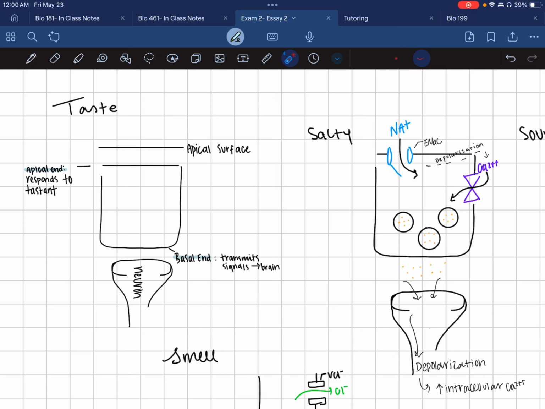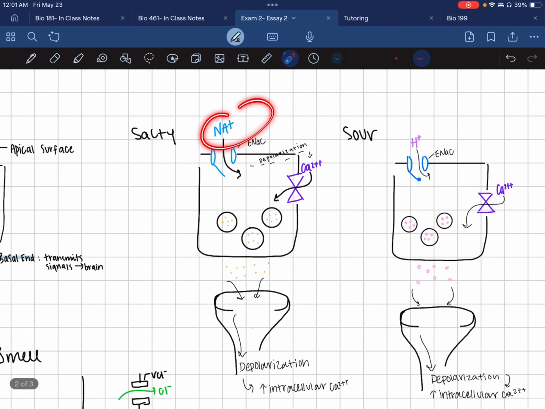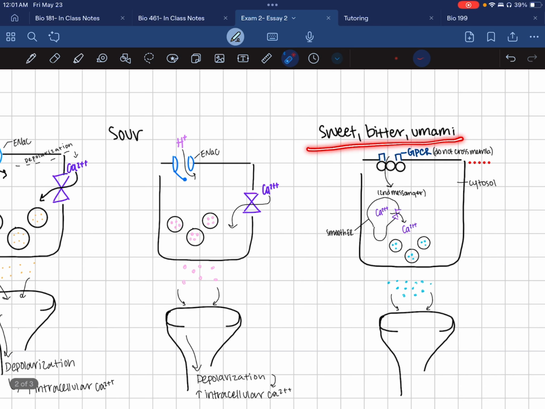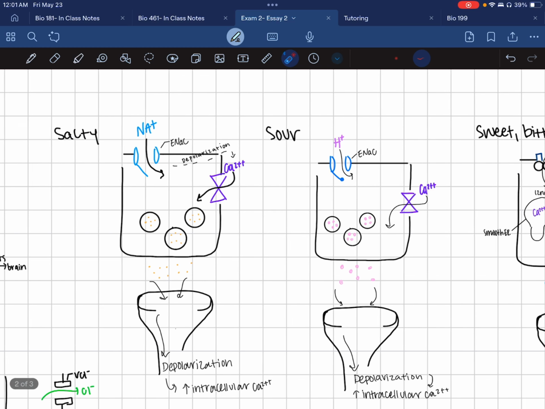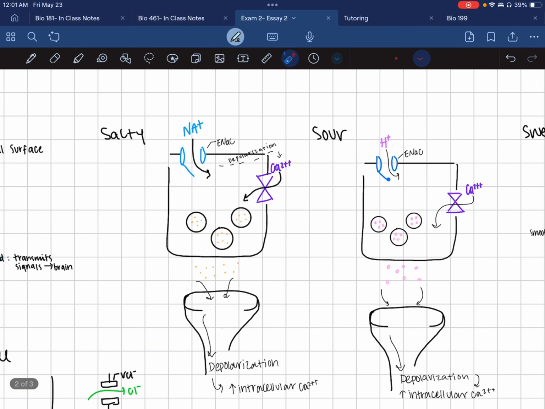Yeah, so our tastants react with the receptors. Salt would be sodium, sour is potassium, and then bitter, sweet, and umami deal with G-coupled protein receptors. Each receptor cell is orientated in the taste bud and protrudes into the oral cavity through a taste pore.